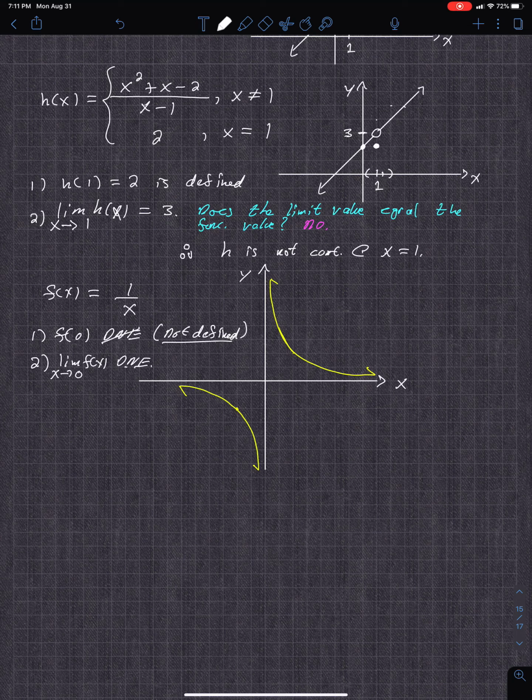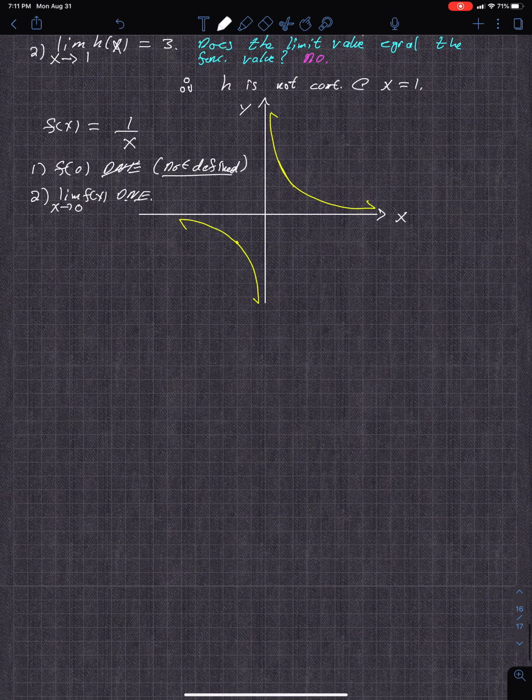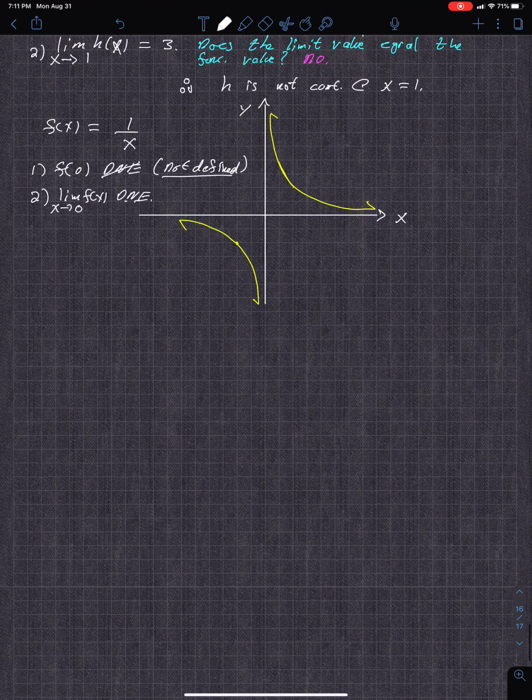Okay, let's do one more before we go on to the next part of 2.5. Let's take a look at this example. Okay, so let's discuss continuity.